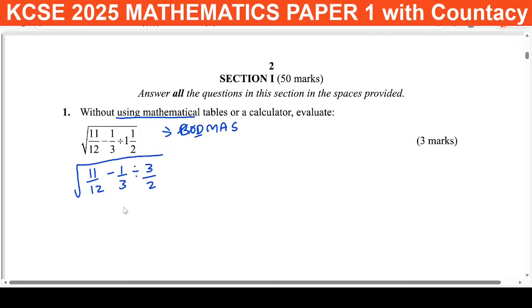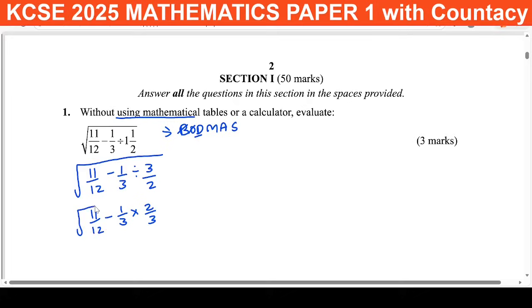Therefore, we start with this part over here, and we apply a simple law: whenever you've got a division, especially with fractions on the left and the right side of it, we change the sign to a multiplication, and then we invert what comes after that sign, that is 3 over 2. We reciprocate that, and you get 2 over 3. Everything else remains as it was.